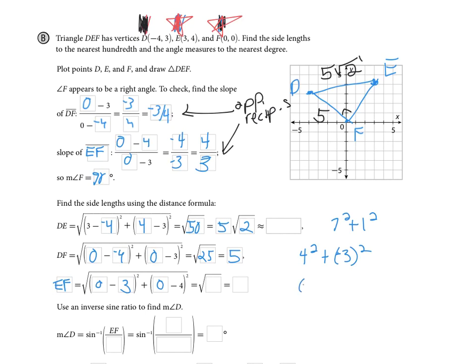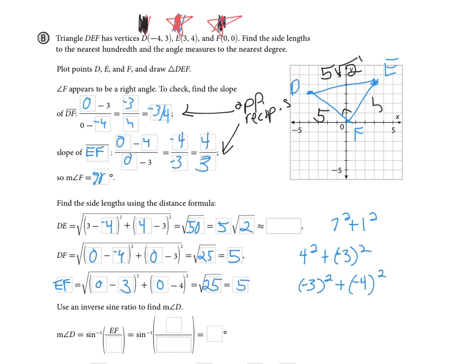Off to the side, again, we'd have -3 squared in the first parenthesis and -4 squared in the second. Really doesn't matter whether it's negative or positive. When you square it, it still becomes positive. So positive 9 plus -4 squared is positive 16. We get 25 again, and oh look, we get 5.